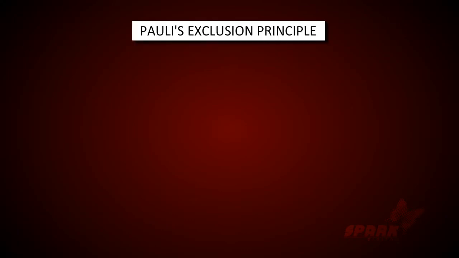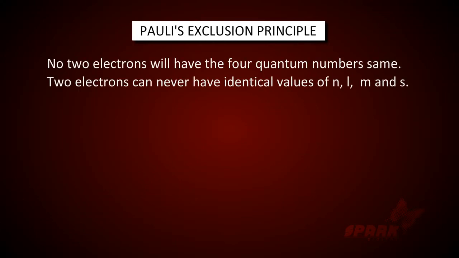The third important rule for electronic configuration is Pauli's exclusion principle. It states that no two electrons will have the four quantum numbers the same. This means that two electrons can never have identical values of n, l, m and s.